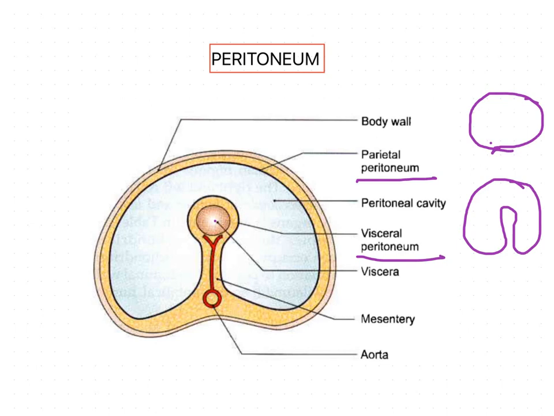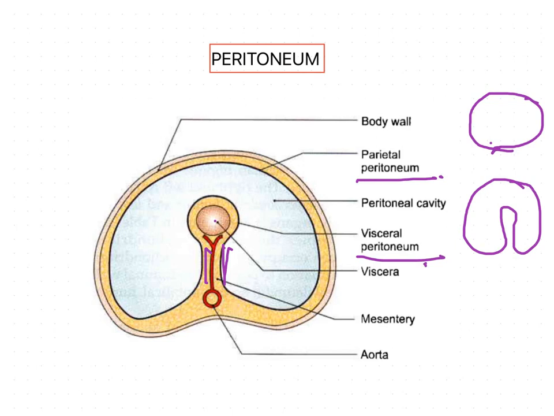After invagination, the peritoneum is divided into the outer parietal peritoneum and the visceral peritoneum. And after invagination, some folds of peritoneum are also present. This is called the fold of peritoneum, and it helps to suspend the visceral organs.